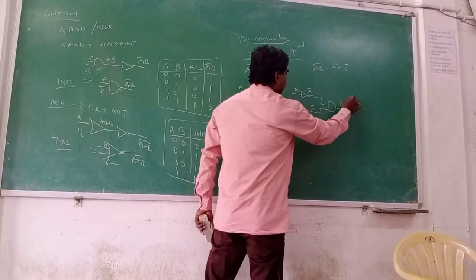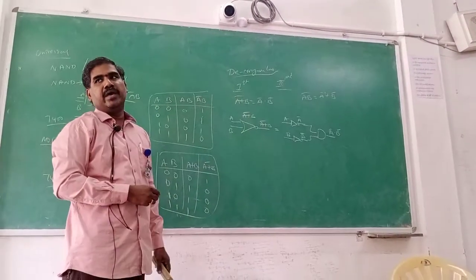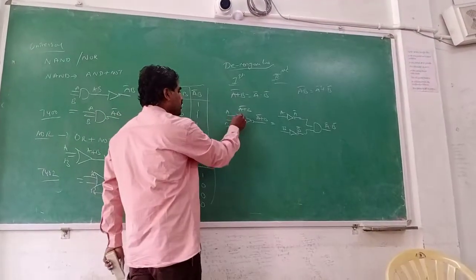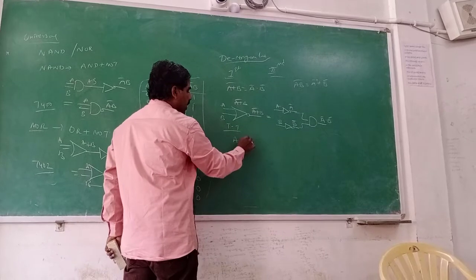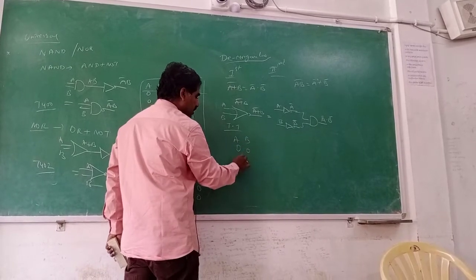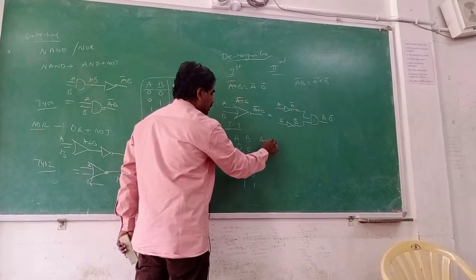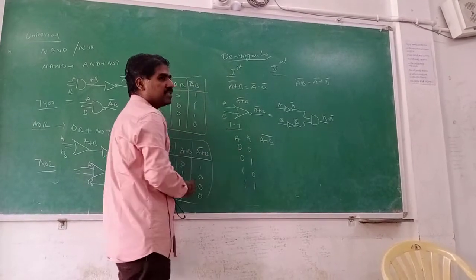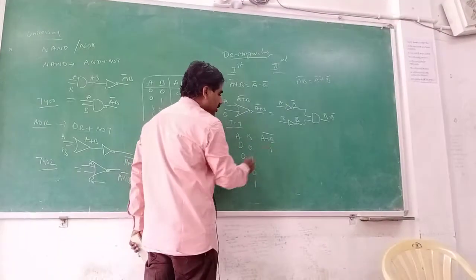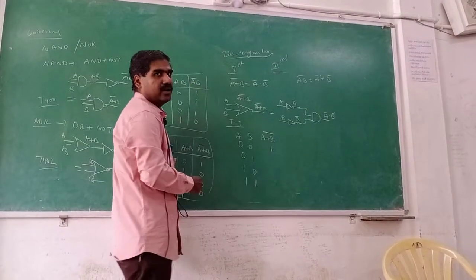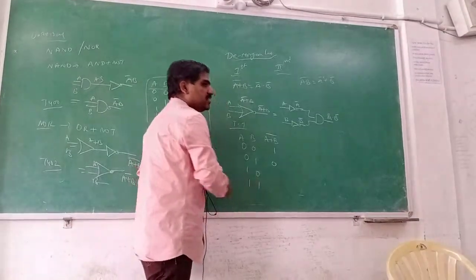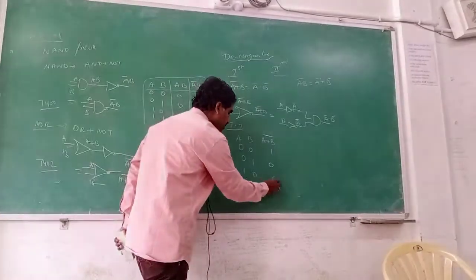It can be resolved by using truth tables. A, B: 0 0, 0 1, 1 0, 1 1. A plus B, whole bar: 0 plus 0 is 0, complemented gives 1. 0 plus 1 is 1, complemented gives 0. 1 plus 0 is 1, complemented gives 0. 1 plus 1 is 1, complemented gives 0.